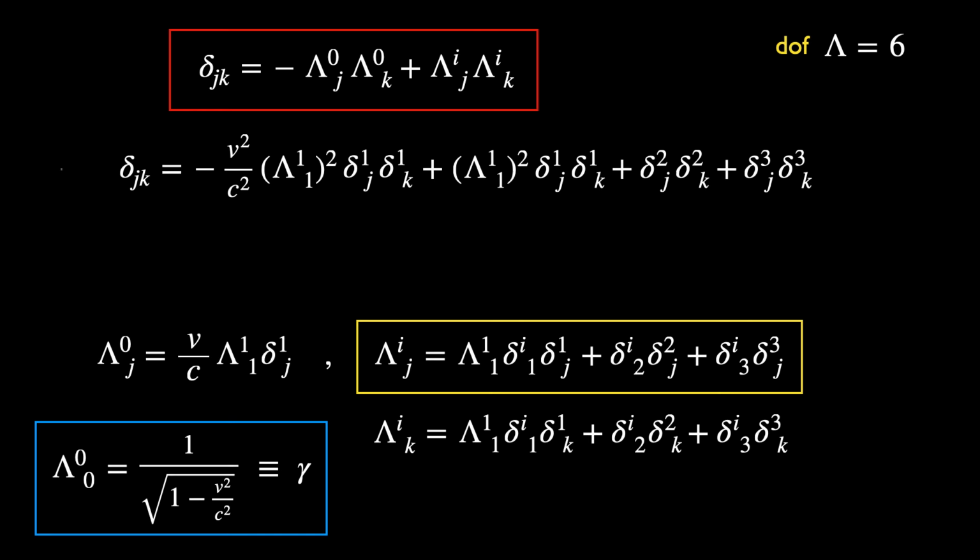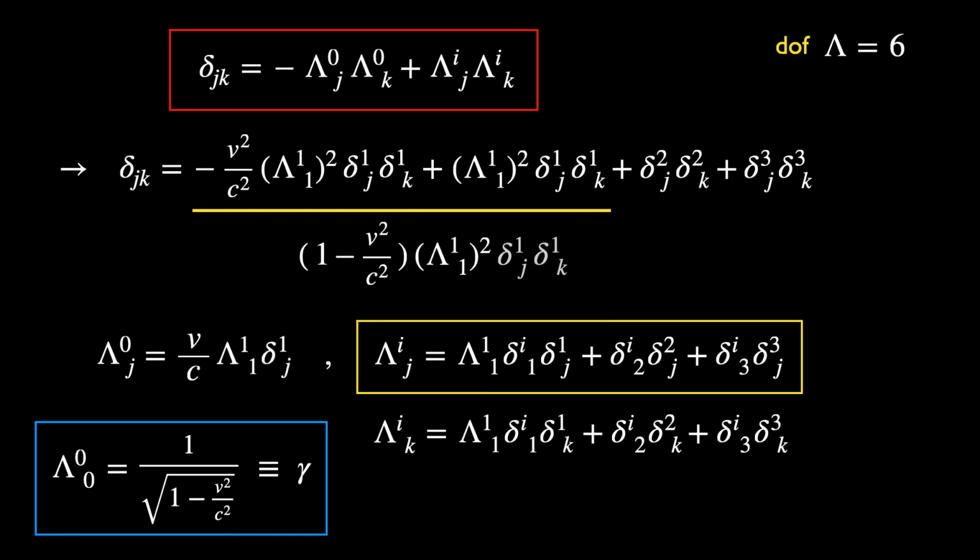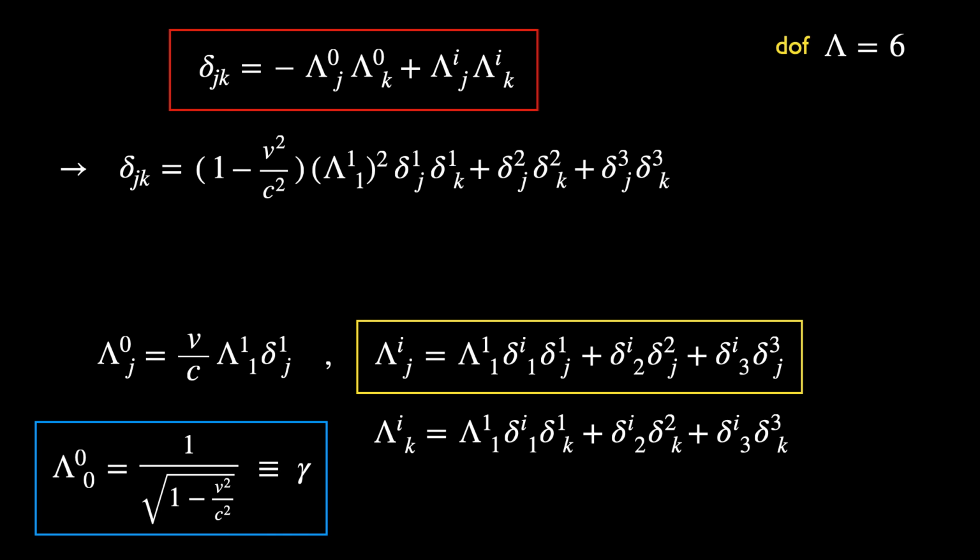Now we can solve this equation for lambda 1, 1. These two terms can be combined. The delta on the left-hand side can also be expressed in terms of projectors. And there's a cancellation between both sides.